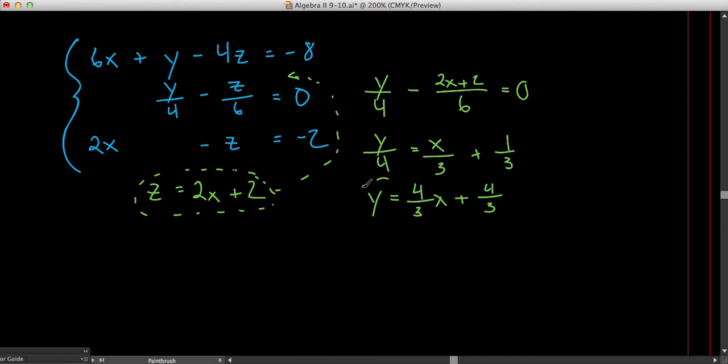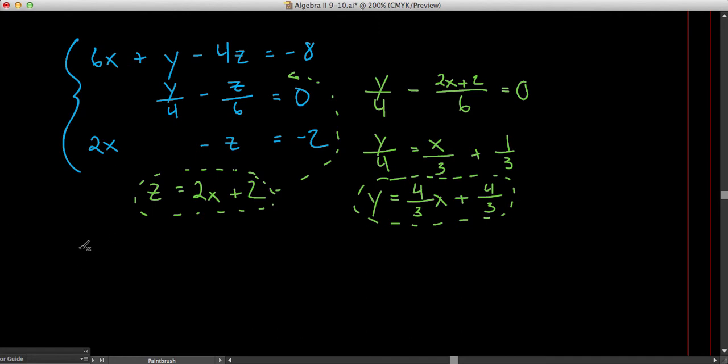Alright, so now I have y in terms of x, and I have z in terms of x. So we can take both of these and substitute them into the first equation, and we'll have all variables in terms of just x.